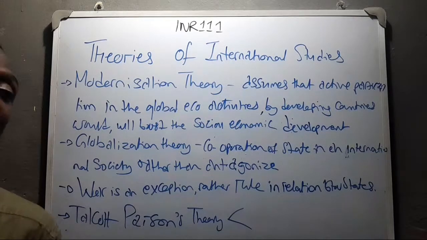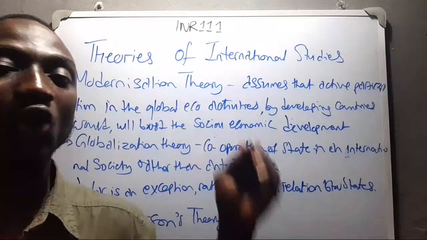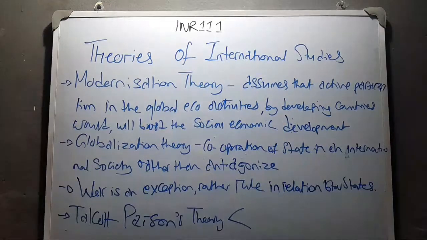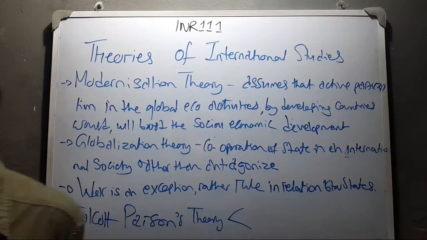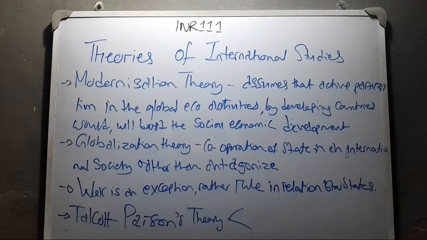In economics, we refer to it as the point at which demand meets supply, or supply meets demand. So here it is about striking the balance. Now, Talcott said if societal equilibrium is to be determined, there are four functional prerequisites.